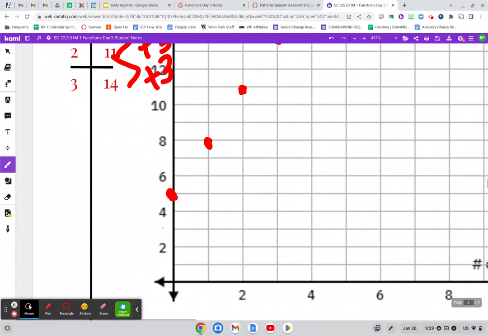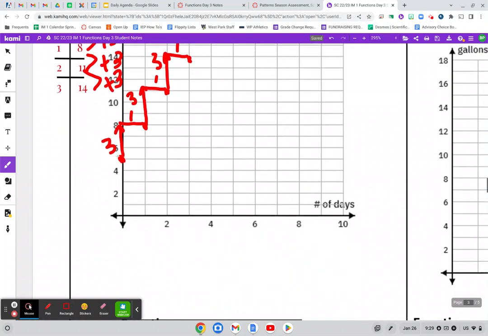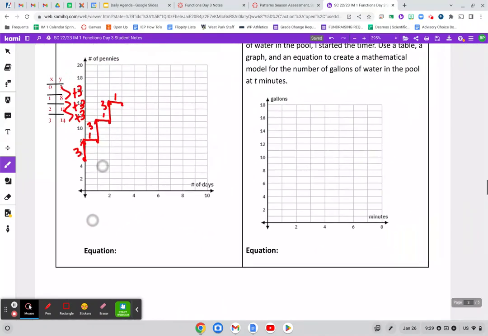So we're actually going to start right here on the y-axis at 5, and then we're going to rise 3 pennies for every 1 day that passes. You can go on and on, as long as we keep throwing pennies in the piggy bank here.